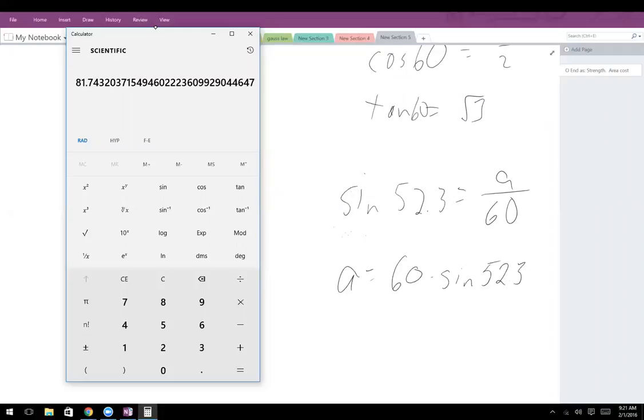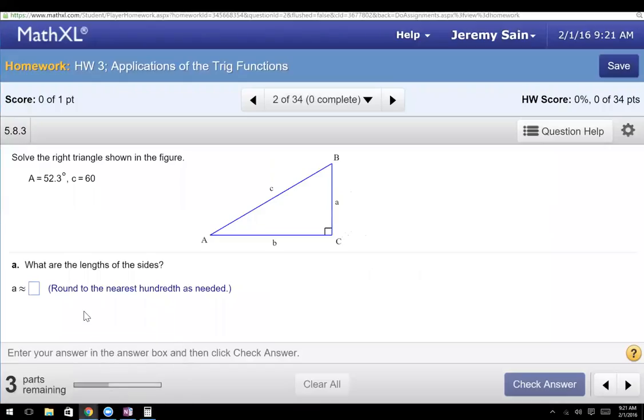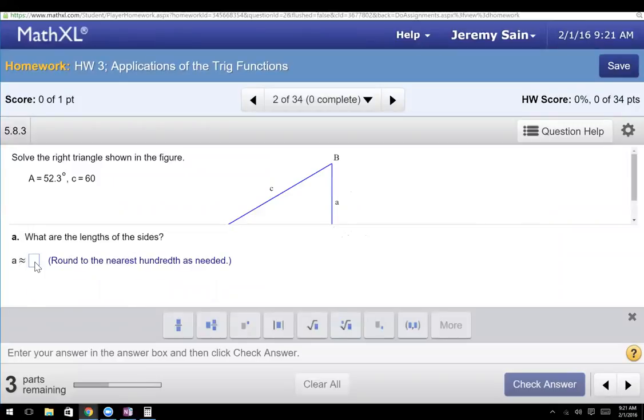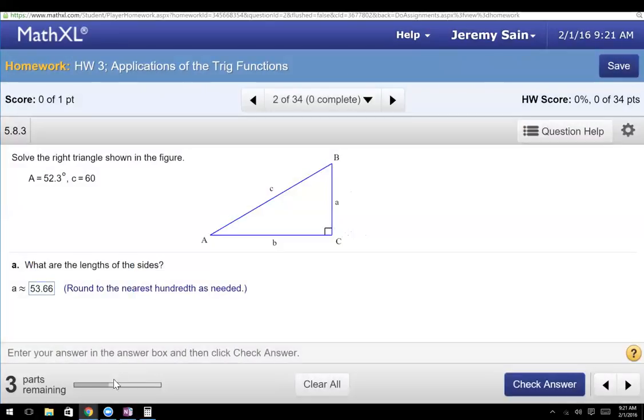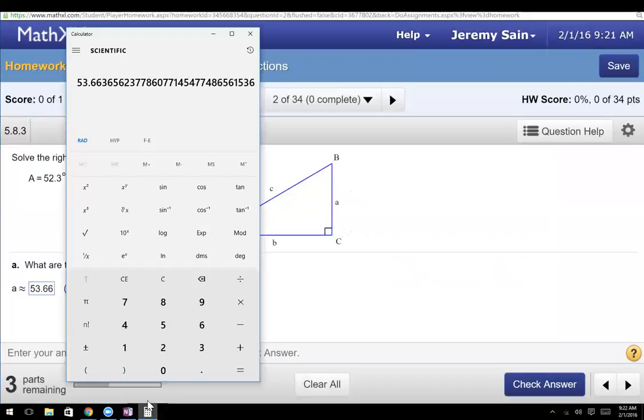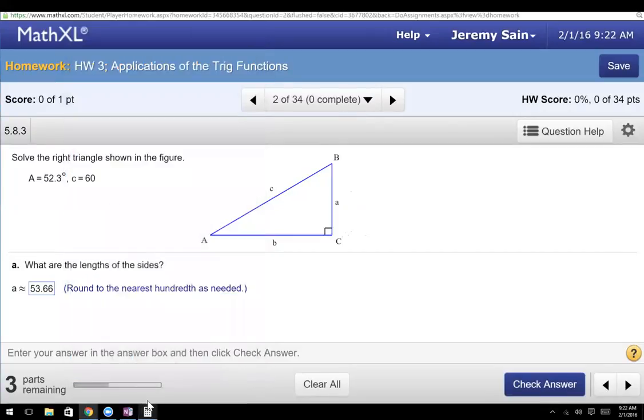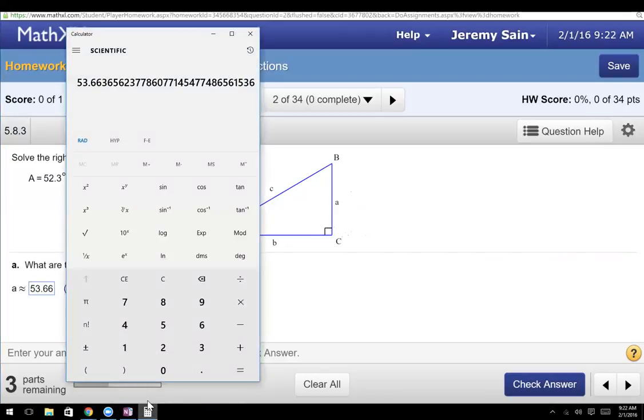So 60 times 52.3, and I want sine of that. 53.66. No. Maybe it's in the wrong degree or whatever. Okay, let me type in the calculator one more time. There's a possibility that I just couldn't type.